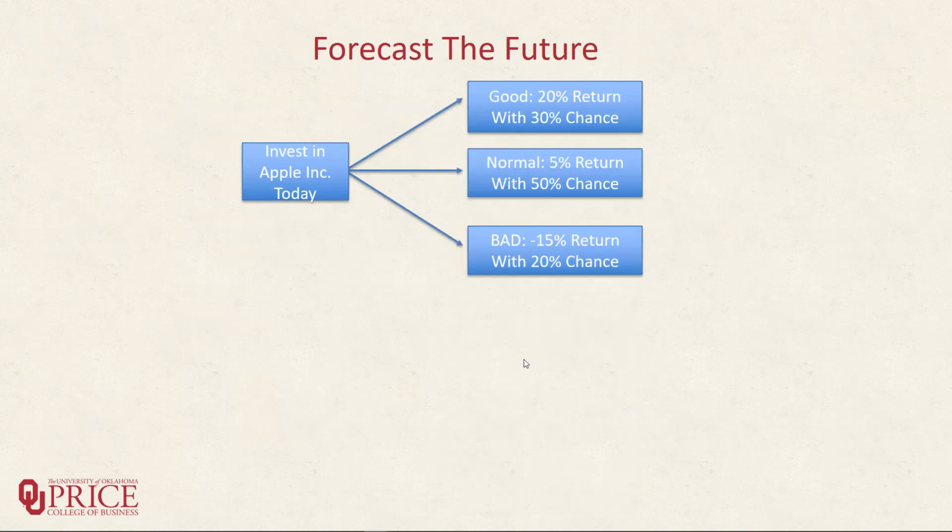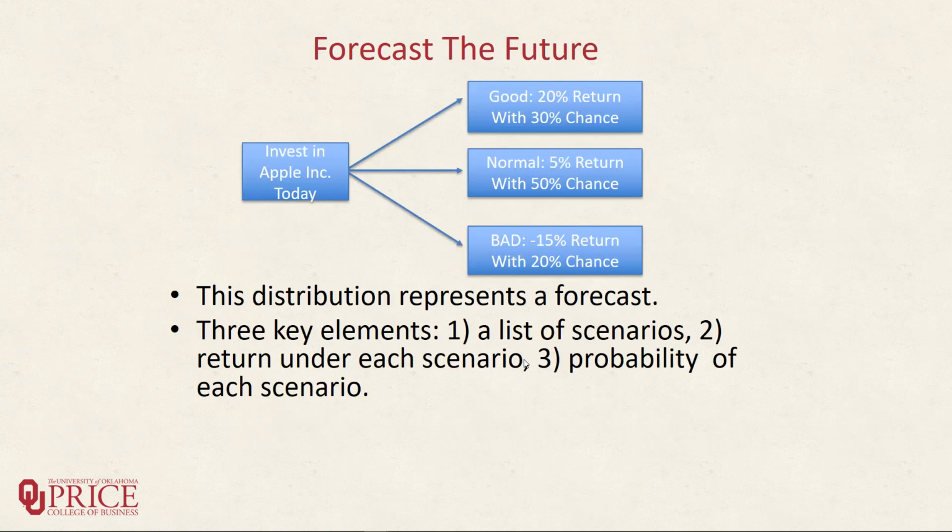Just to summarize, when we use a distribution to represent a forecast, we have some key elements. The first is we need a list of scenarios. In this example, I used 3 scenarios. Of course, in reality, you probably need more than 3, but here is just a simple example. Also, we need to know the stock return under each scenario.